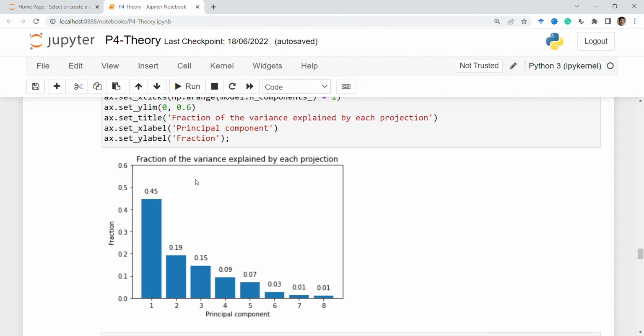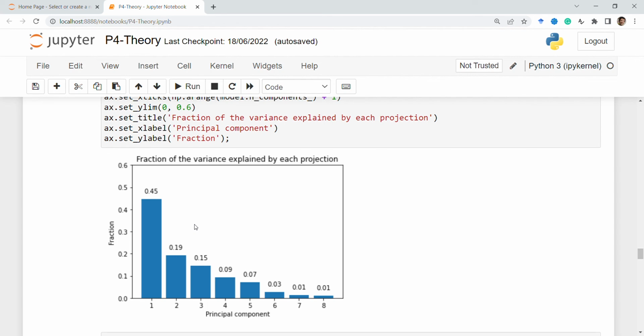This is quite a lot of variance for a single component, and we see that this poor-rich axis is the variable that mostly explains the variability between countries. The second is rather far from the first one, but it also explains a lot of variance. Same for the third. And sometimes you see some kind of elbow in this graph, and that is a clear indication of the number of independent sources of information.